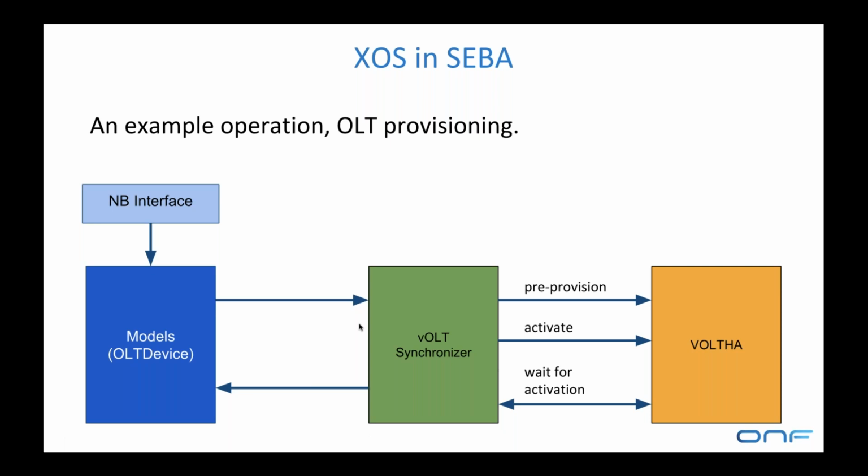It's the same way with adding ONUs and adding subscribers. There are details I don't care about. I just want to kick off the workflow. So, ONU, and then XOS itself figures out what all has to happen and synchronizes. Right. The ONU discovery is synchronized from the bottom up. So when VOLTHA tells ONOS, and the Kafka synchronizer says there's an ONU here, then the synchronizers ask what to do with this ONU.